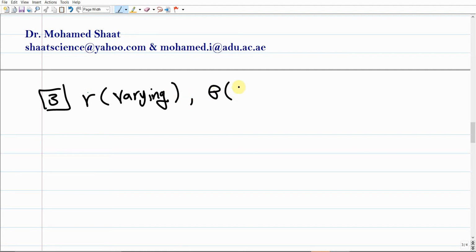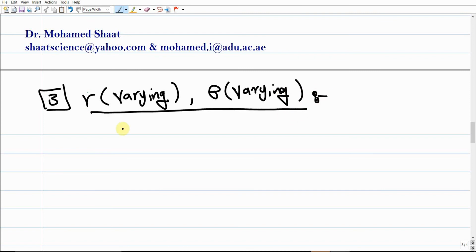So in case 3, both r and theta are varying over time. Make sense? A very good example of this case is a link that rotates, and there is a slider over this link.